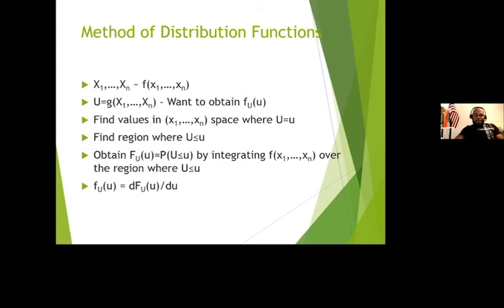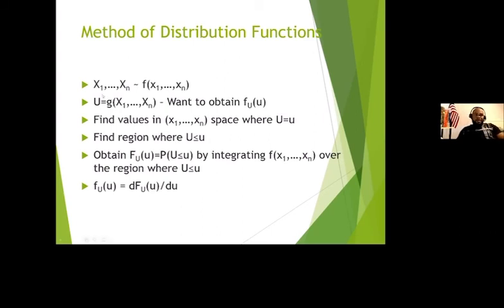We have a lot of probability distributions that are derived from this kind of scenario. And if we want to do that, we have approaches that we can use: the method of distribution functions, the method of transformation, the method of conditioning, and we can as well think about the method of moment generating functions. But I want to start today with the method of distribution functions.